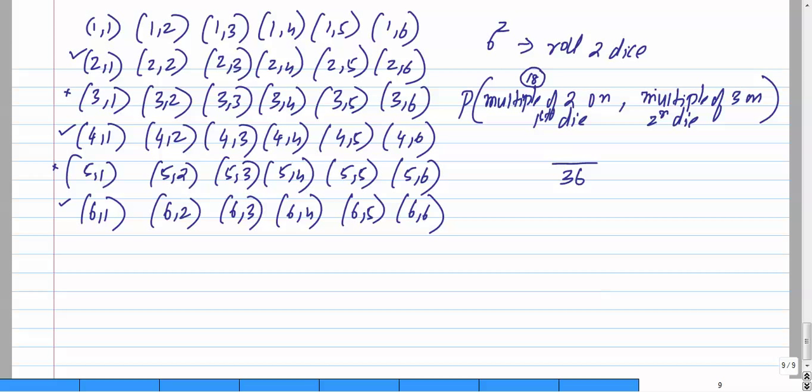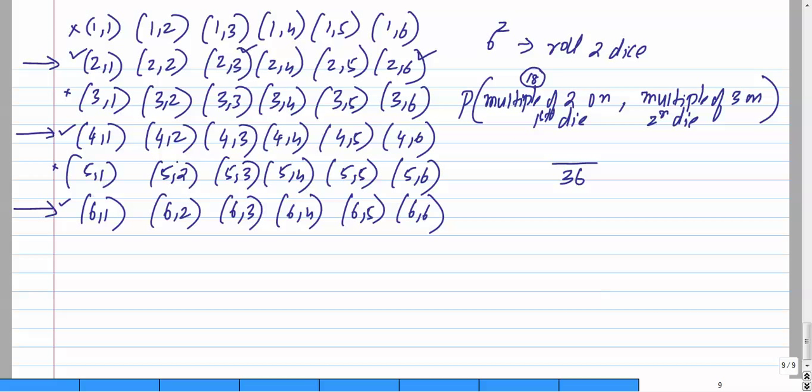What about the multiple of 3 on the second die? I cannot take the entire 18 as favorable outcomes. Out of these 18, I should choose only these 3 rows, because I should eliminate the other rows. How many have a multiple of 3 on the second die? Multiple of 3 can happen only in this column or in this column.